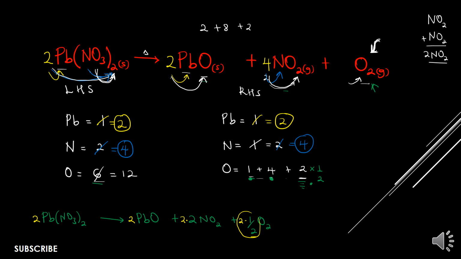So 2 plus 8 plus 2, that is 12. So you'll find out that even here our oxygen is now equal to 12, 12, 12. So the equation becomes balanced because lead 2, 2, nitrogen 4, 4, and oxygen 12, 12. Like I said, it takes some practice for you to realize that actually balancing such equations will be easy and fun.